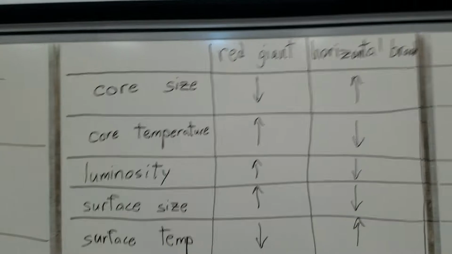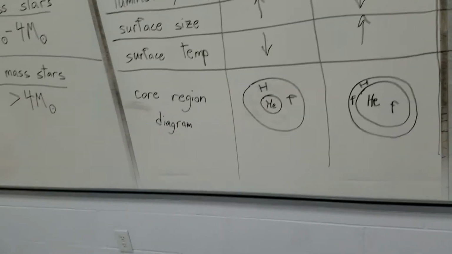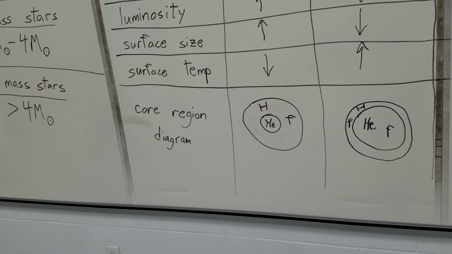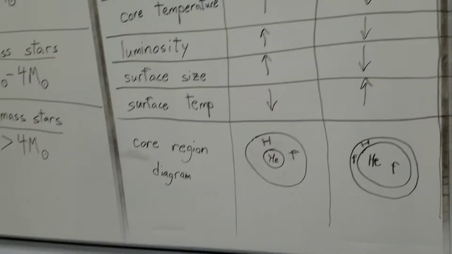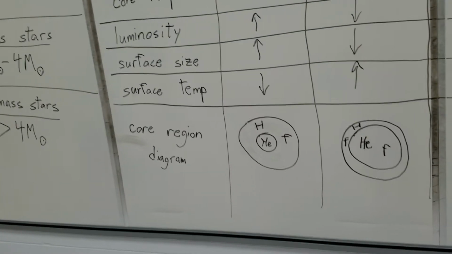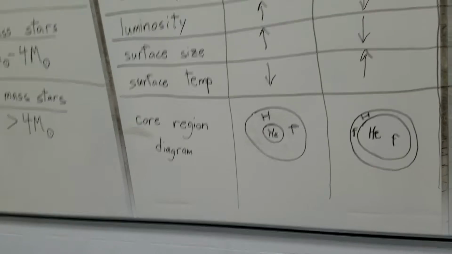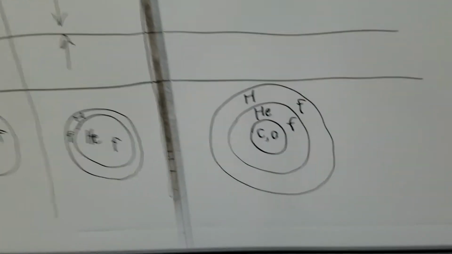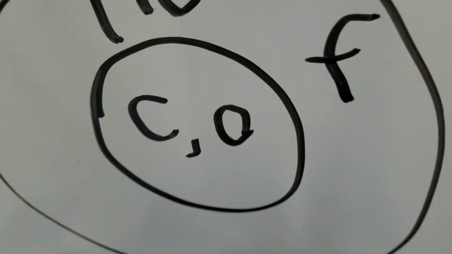All right, now, the next stage of the star. The helium in the core will not fuse forever. Eventually, you'll run out of it. When you do, the thing you make out of fusing helium is carbon and oxygen. So the core in this next stage will be made out of carbon and oxygen.